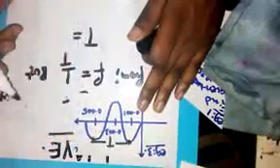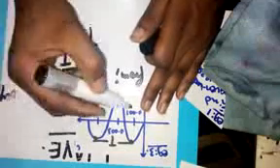Now what is this value? Period is obtained by taking 0.005 minus 0.001. Therefore period is 0.004. Now what about frequency? Frequency will be equal to the reciprocal of 0.004. The answer here is 250 Hz.